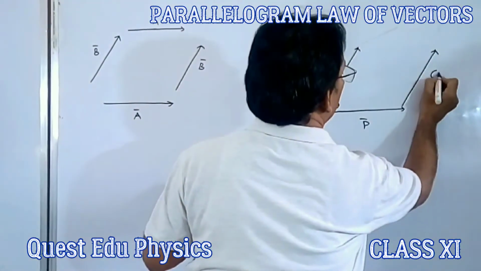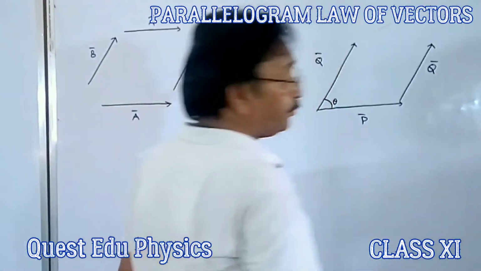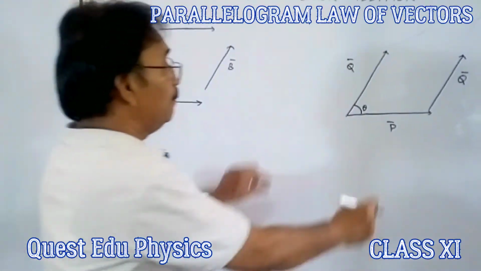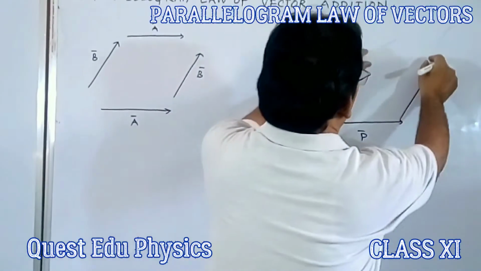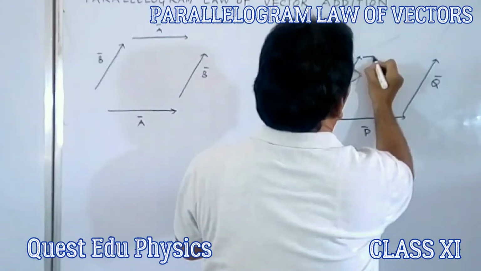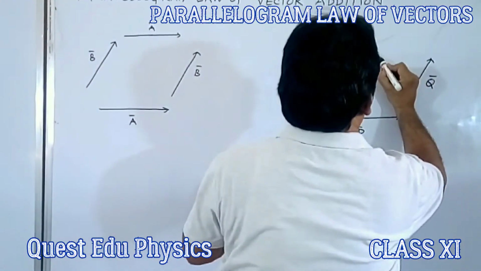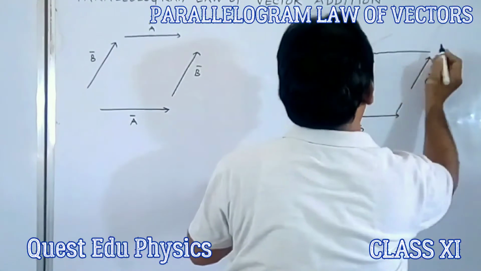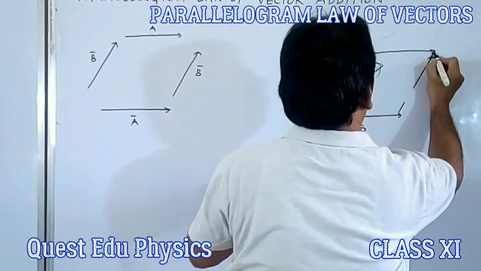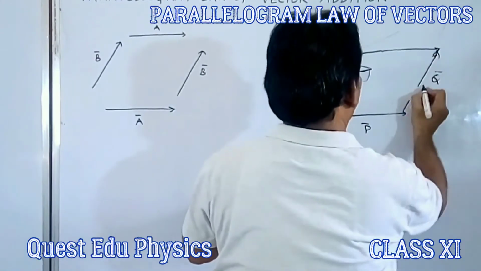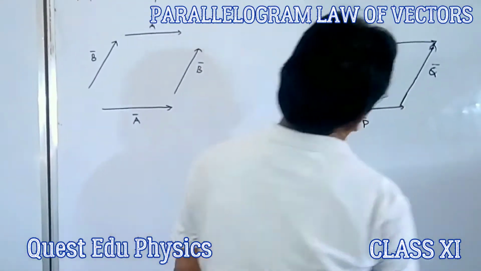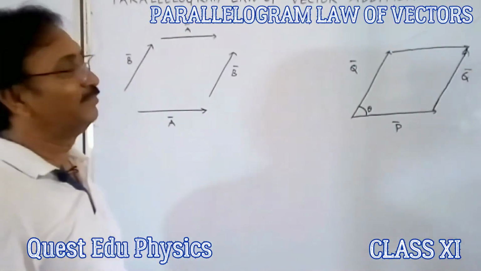Obviously it is q bar. Then I am transposing this and keeping it here. I kept it here and I got a parallelogram.